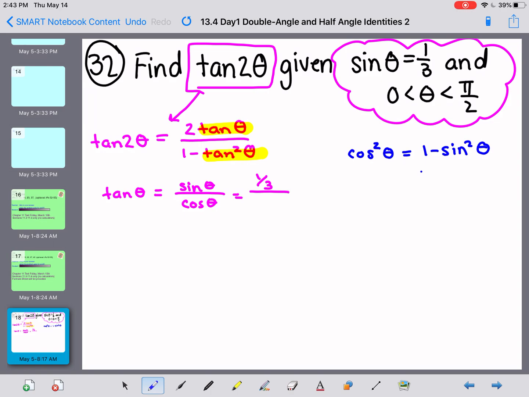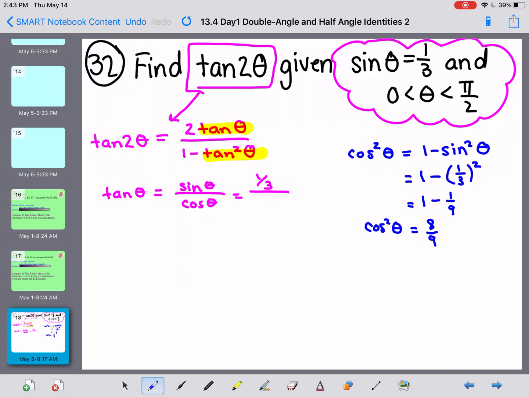Now I'm doing 1 minus, I know that sine is 1/3 because that was my given information in the problem, squared. And now I'm going to simplify this. So 1 minus 1/9 becomes 8/9, and that's cosine squared theta.